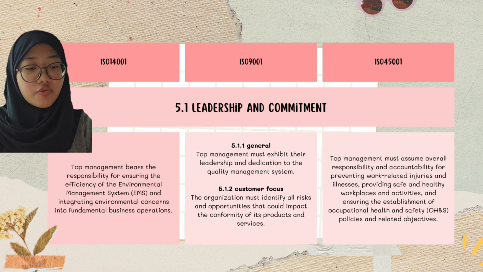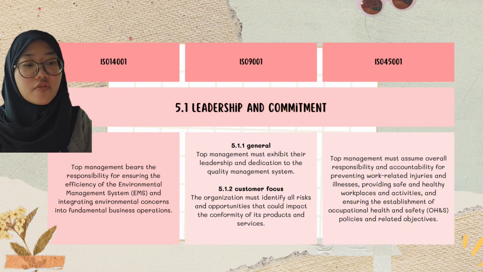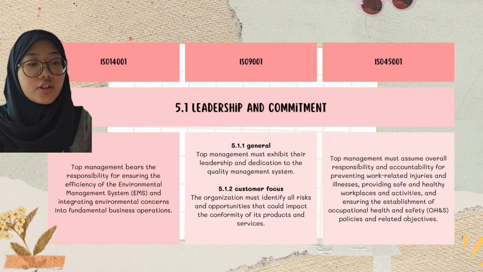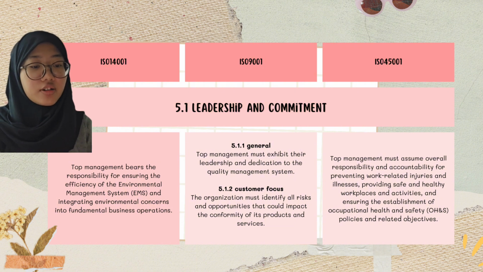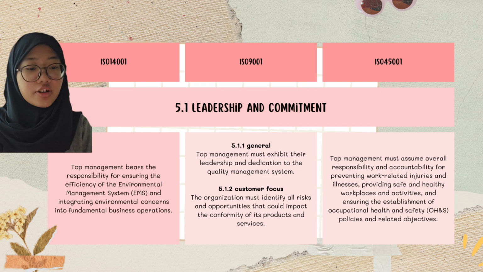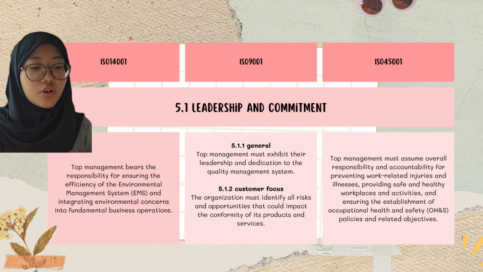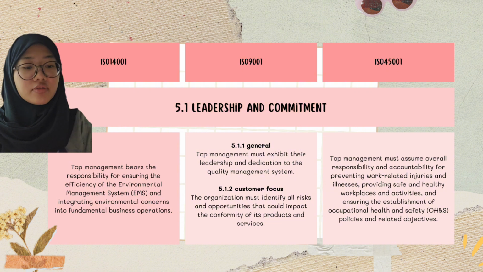Then, for customer focus, the organization must identify all risks and opportunities that could impact conformity of products and services. For 45001, top management must assume overall responsibility and accountability for preventing work-related injuries and illness, provide safe and healthy workplace and activities, and ensure the establishment of OSH policies and related objectives.